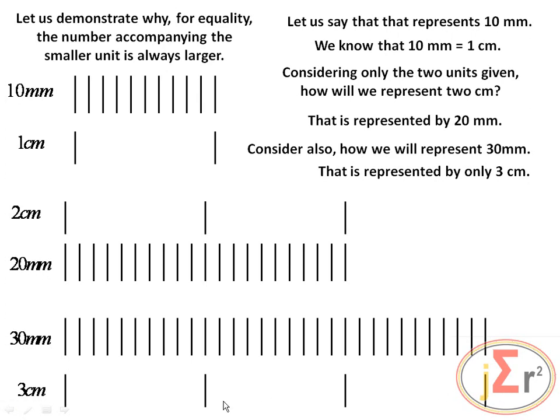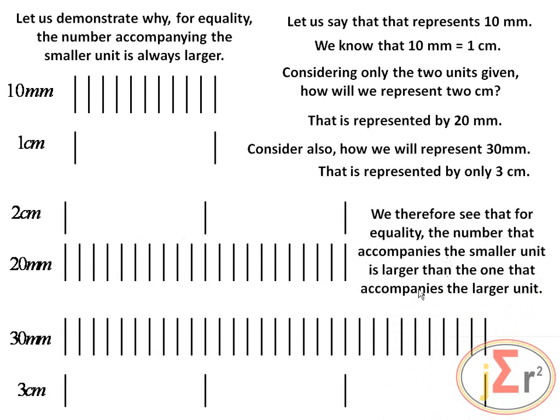Therefore, we will always have more of the smaller unit and less of the larger unit if we are representing the same length. And we can take a look here: 10 of these small ones for just one of the large one, 20 of the small ones, 2 only of the large ones, and so on.